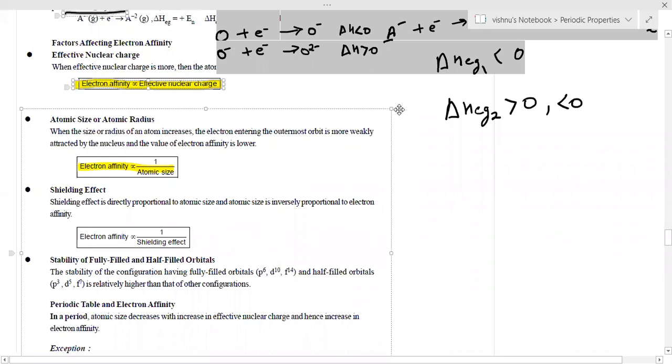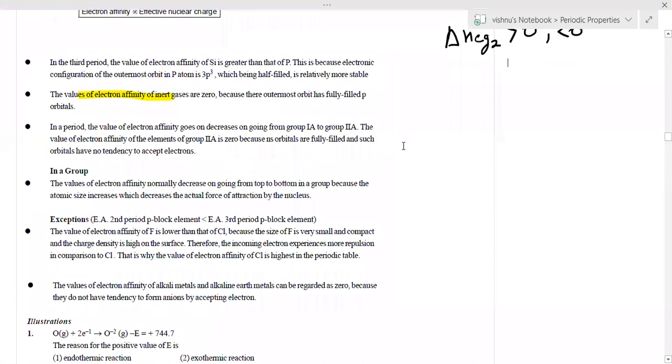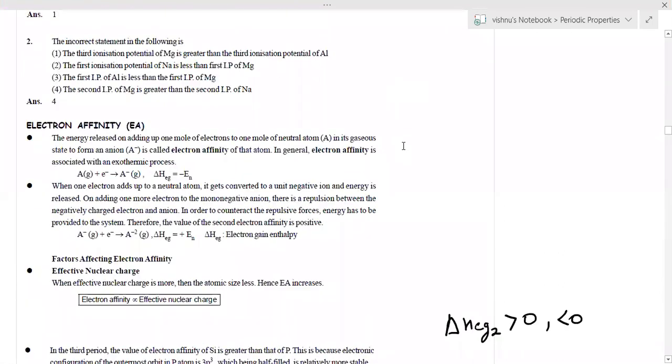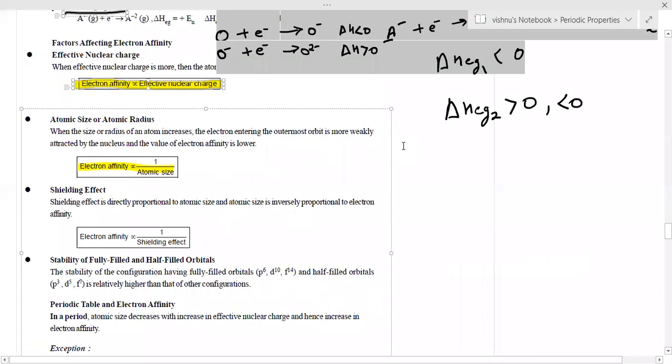Okay then. Just take 2-3 minutes to understand this concept. If you want to write it down, you can just write it down.